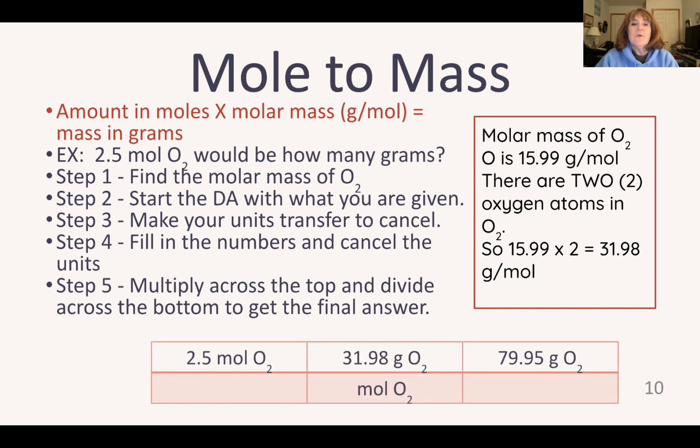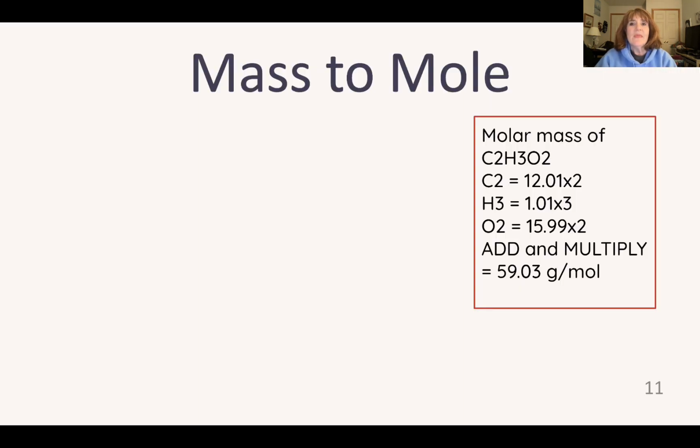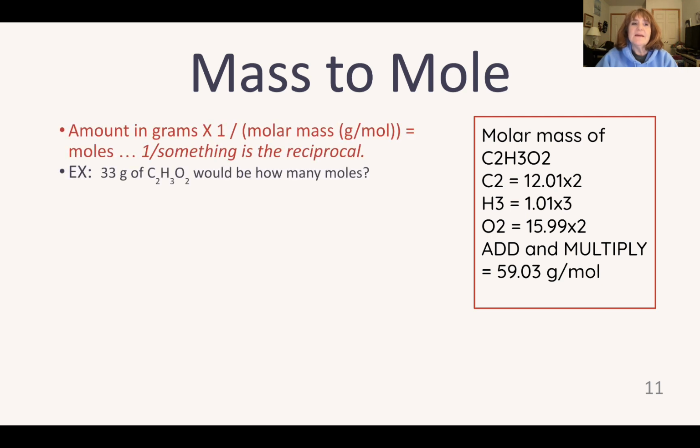Then we can set up our dimensional analysis. We start with 2.5 mole of O2 times 31.98 grams of O2 per mole of O2, so that the moles will cancel and you're left with 79.95 grams of O2.